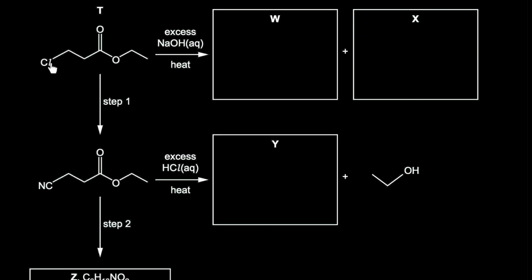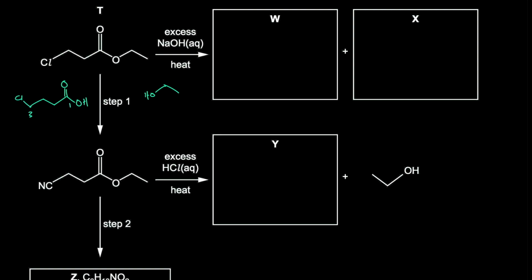However, we also have a chlorine on this carbon. So how would we name this? Well, if this was ethanol, that would be the ethyl part. And then this compound is propanoic acid, but we have a chlorine. So instead of just propanoic acid, we also have a chlorine here, on carbon number 3.